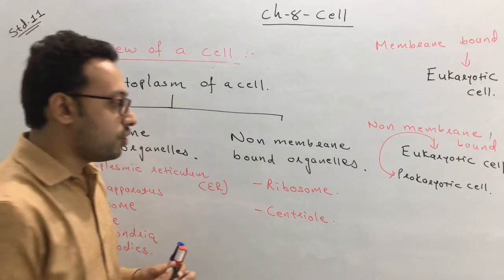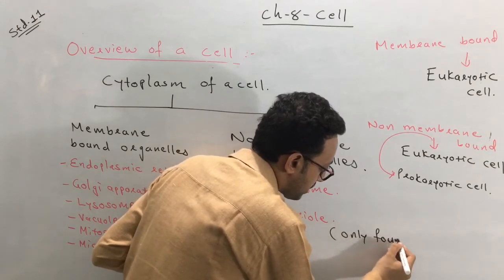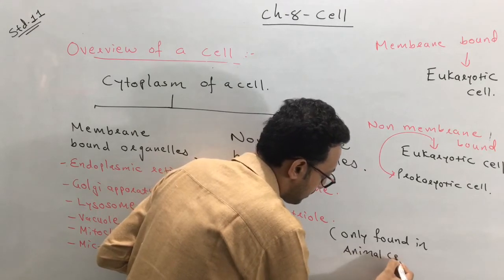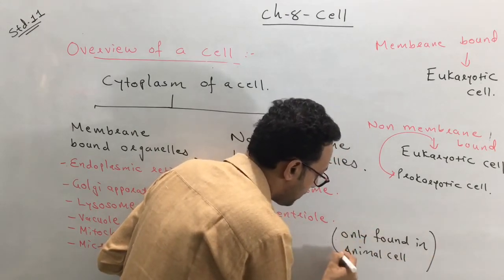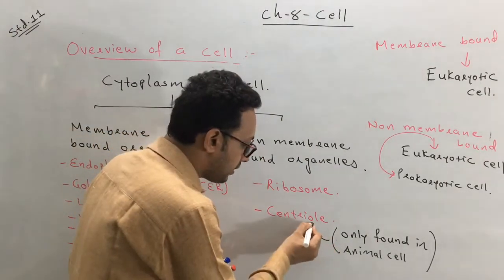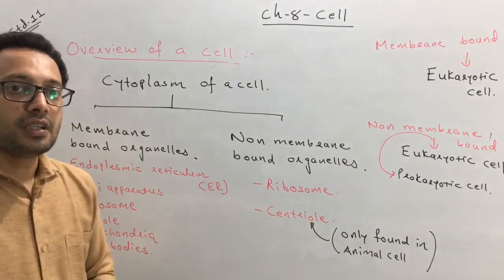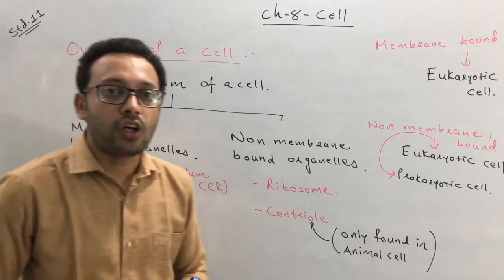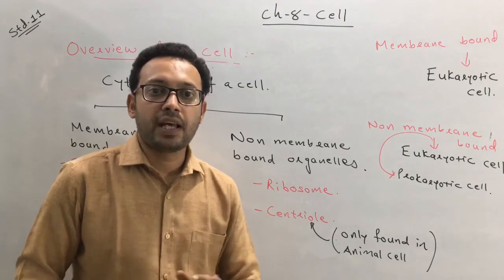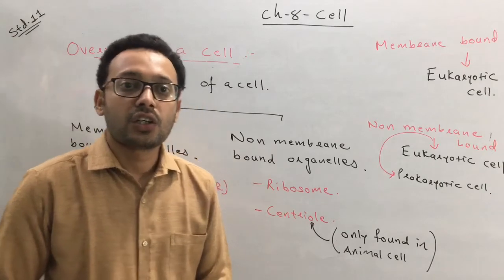It is a non-membrane bound organelle, but it is only found in animal cells. Ribosomes are usually present in the cytoplasm, but they are also present in the boundary of mitochondria and chloroplast.